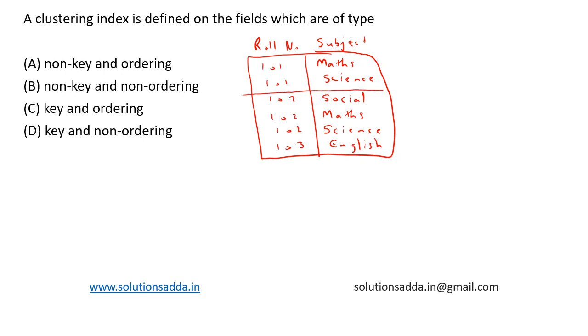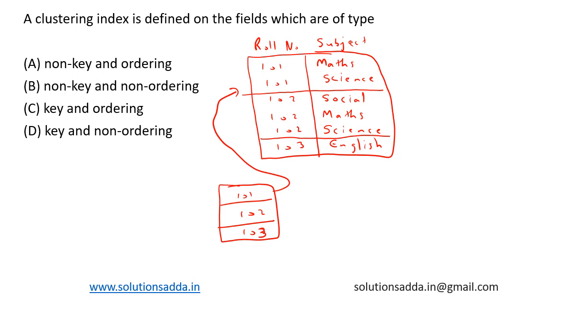This is one cluster, this is another cluster, and this is the third cluster. So we can generate the index file as follows. That is, the index file will have 101, 102 and 103. 101 will point to here, 102 will point to here, and 103 will point to here.